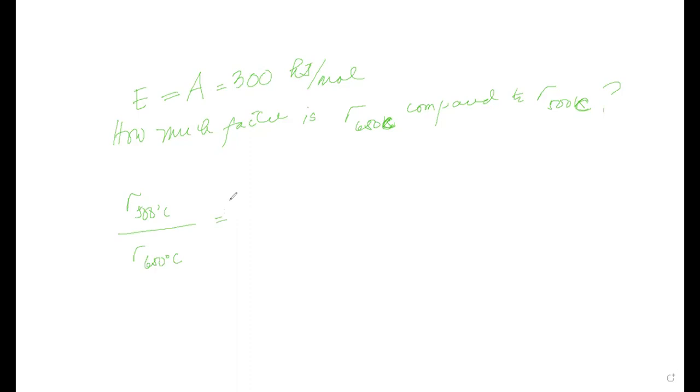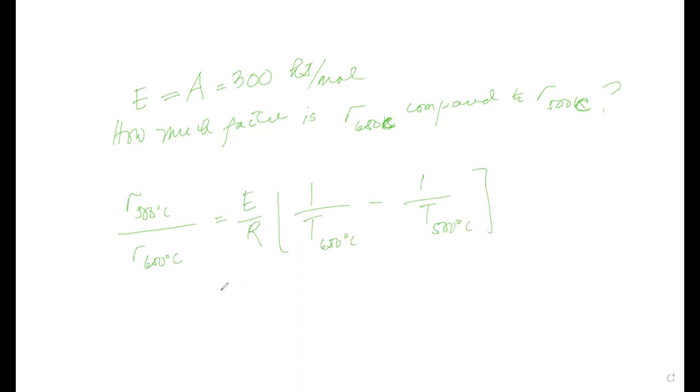What do we know so far of this based on Arrhenius? This is E over R. What do we have then? 1 over T at 650 minus 1 over T at 500. Is this right? Yes, Miss.